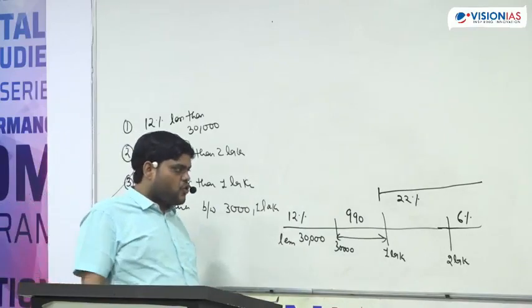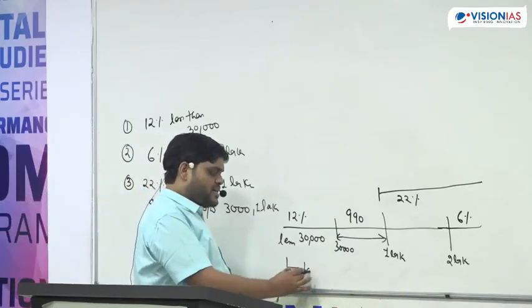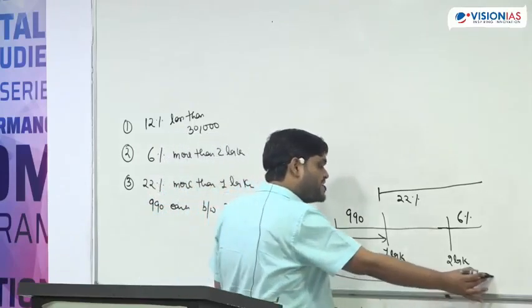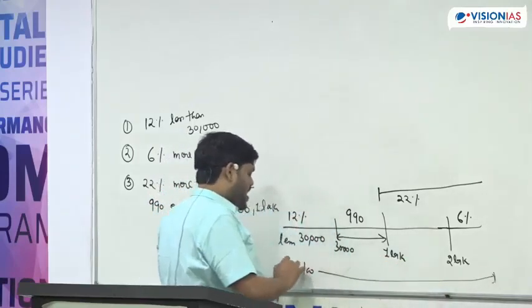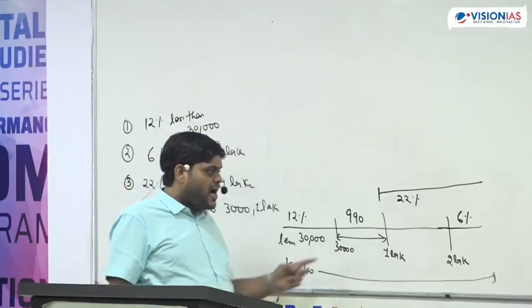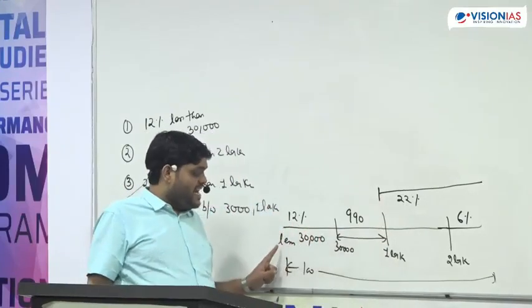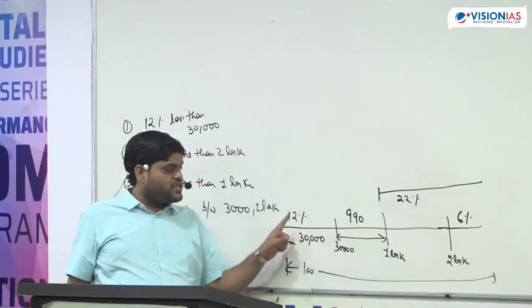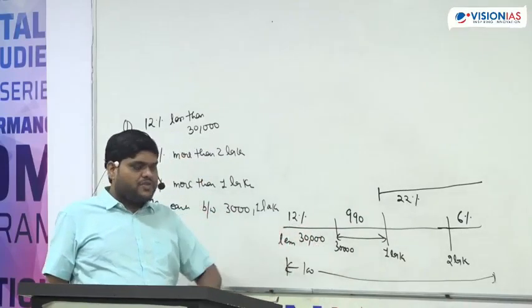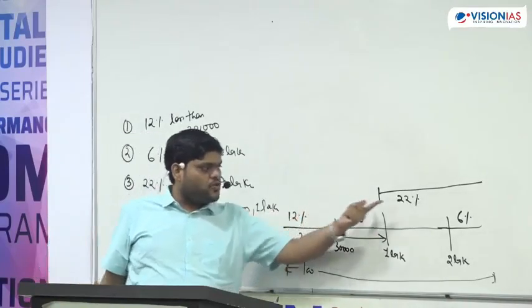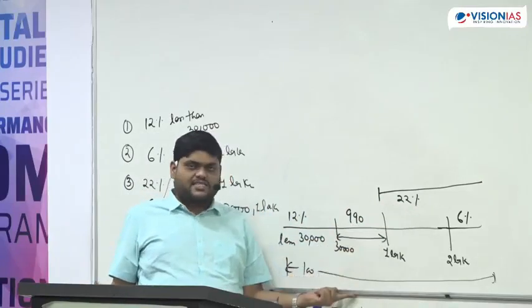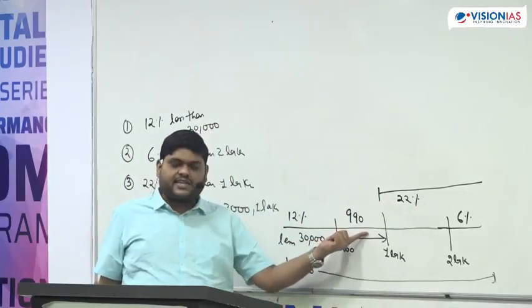See, total value is equal to 100%. Total data should be equal to 100%. More than 1 lakh is 22%. Less than 30,000 is 12%. So if I subtract these two values from 100%, I will get this percentage or not?